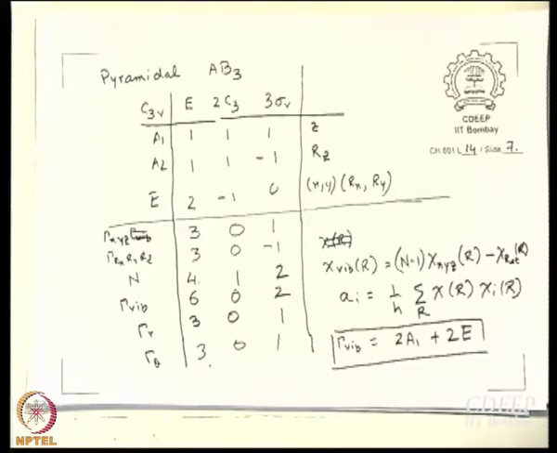Now, what does this mean? That means the A1 modes, how many A1 modes are there? 2 A1 modes. They involve bond stretch as well as bend, isn't it?